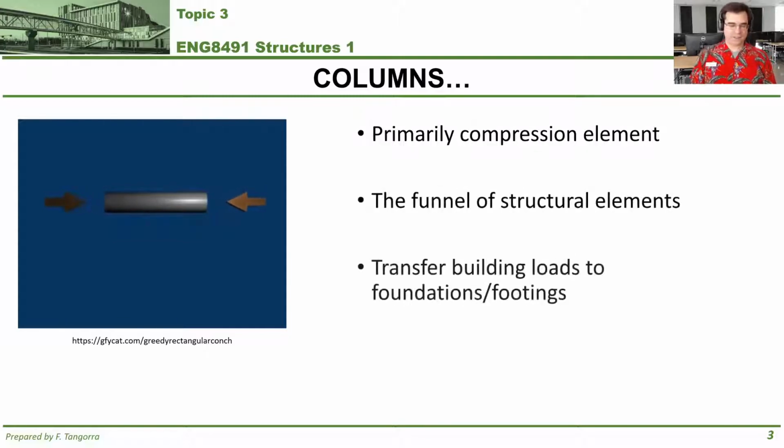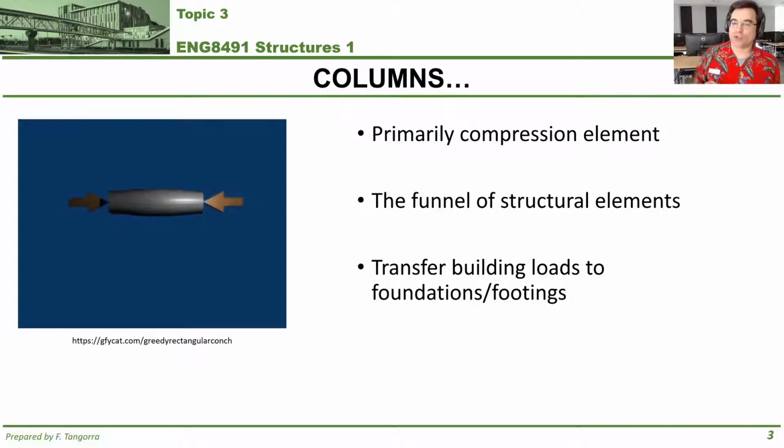For the most part, columns are primarily in compression in structures, and they're primarily vertical, okay, for whatever that definition of vertical is. They're kind of considered also the funnels of structural elements, and that's because not only do they support the floor or roof that's attached to them, that's what columns do, they also support the column above.